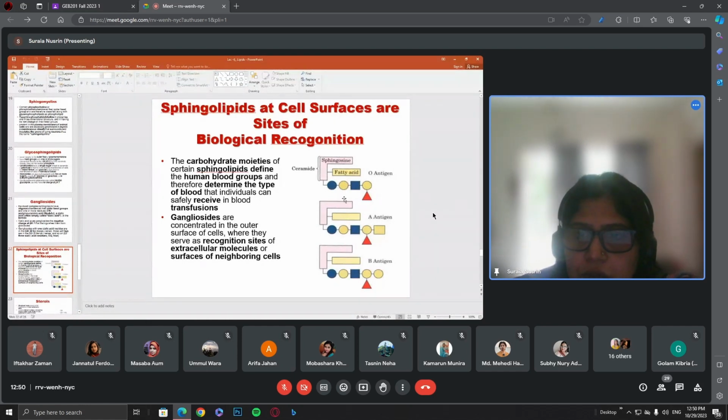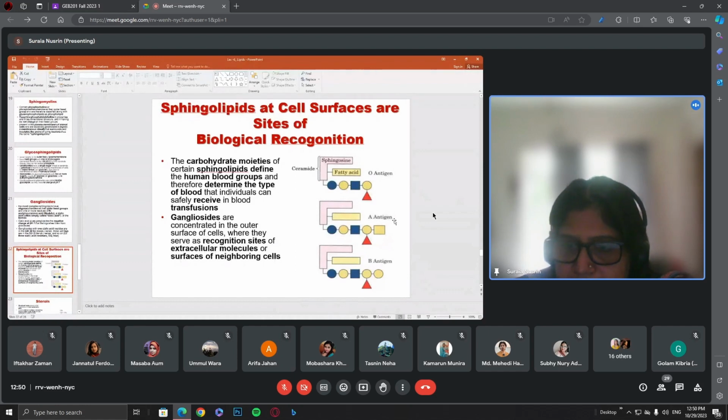Okay, so this one we are defining as O antigen, because this O antigen is present on the surface of the RBC, the red blood cell. Now how it differs from one another, you can just see in the structure.